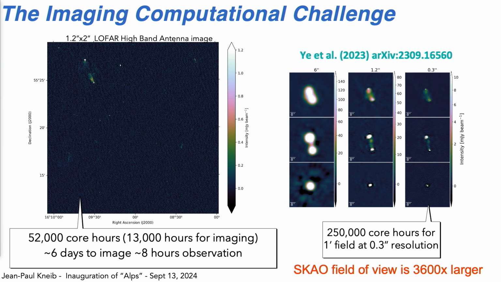This is just a quick set of numbers to see the challenge. And that's from recent data from LOFAR, which is an interferometer in Europe. It takes 6 days to image the data, but only 8 hours to acquire the data.